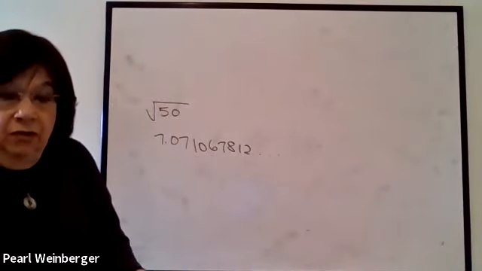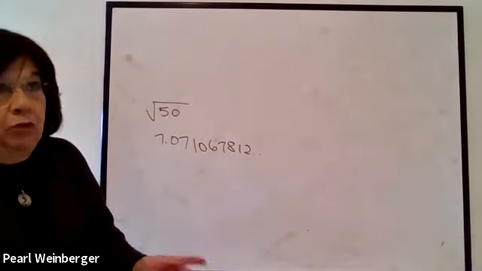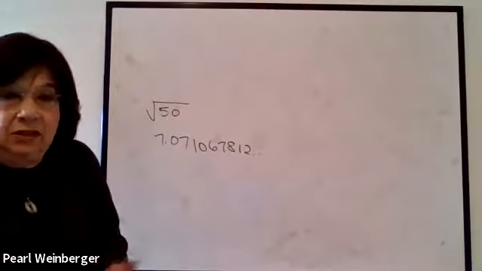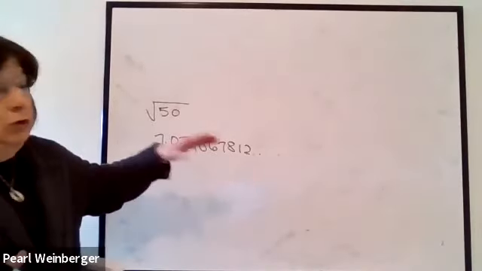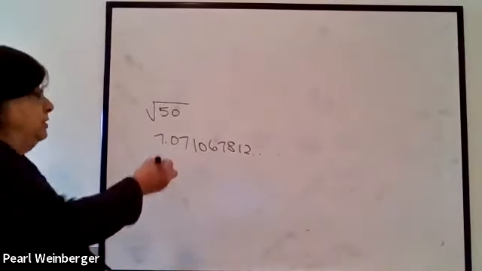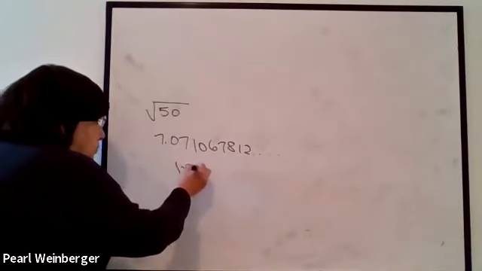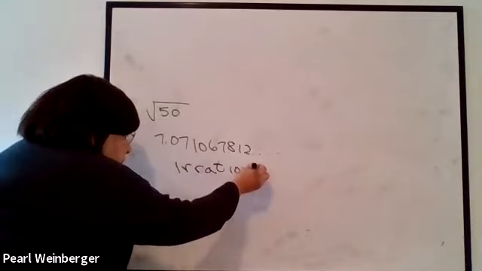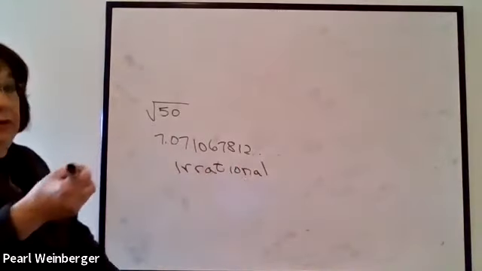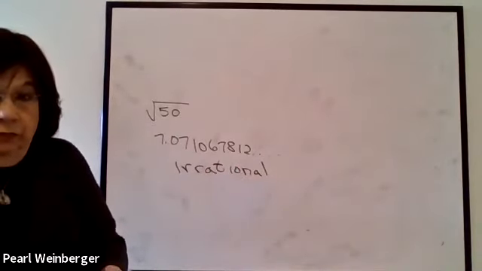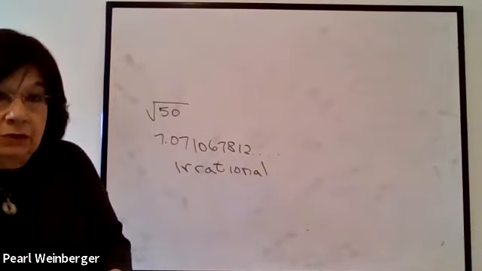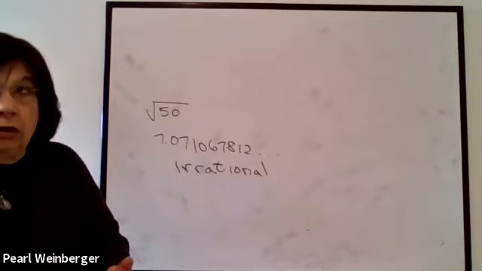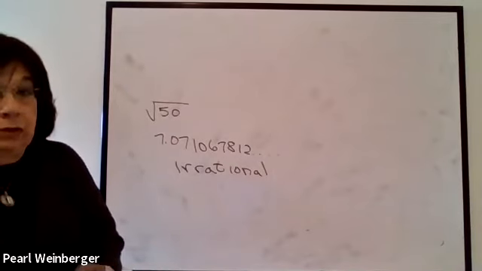Like if you have a fraction like 1/3, then you get 0.333333, and it keeps going on and on, but at least you see a pattern. Here, there's no pattern. This is what's called an irrational number. Any number that is not a perfect square, not a number times itself, like 25 or 64 or 81, those are perfect squares.